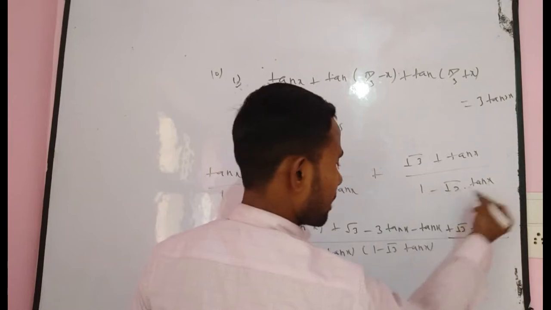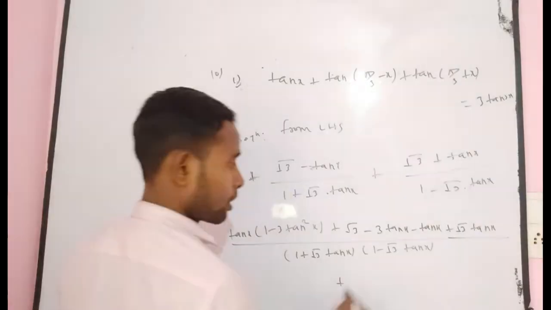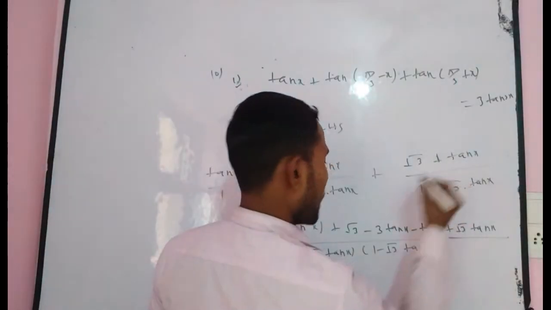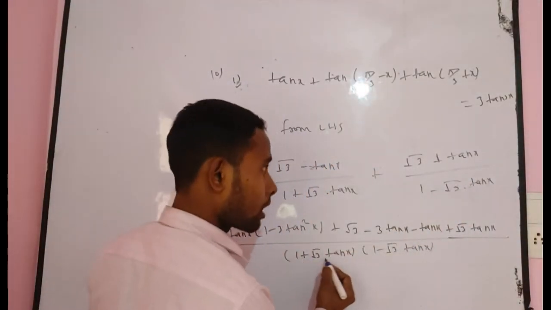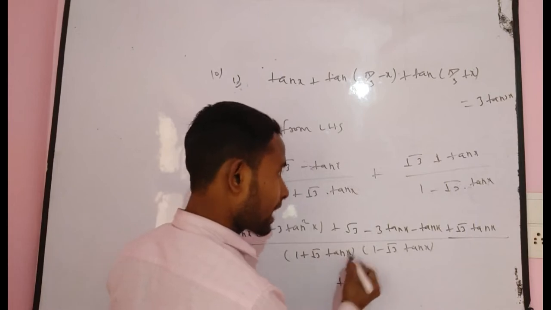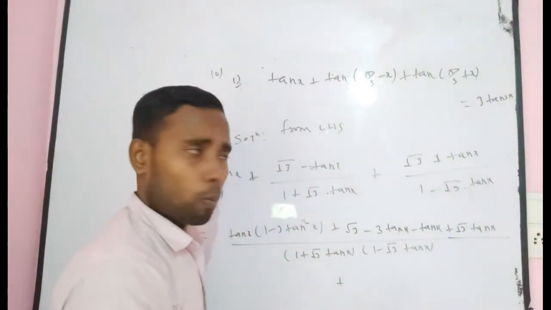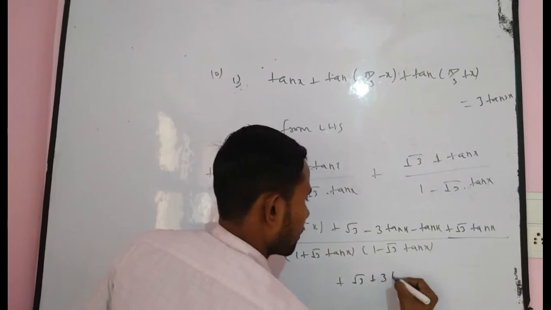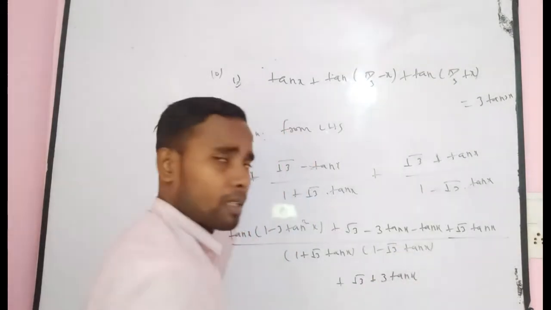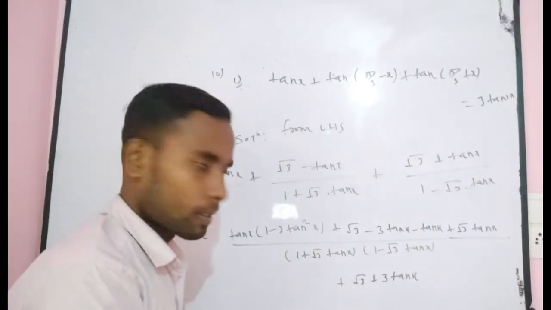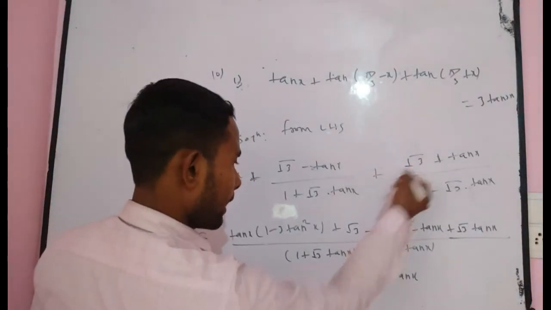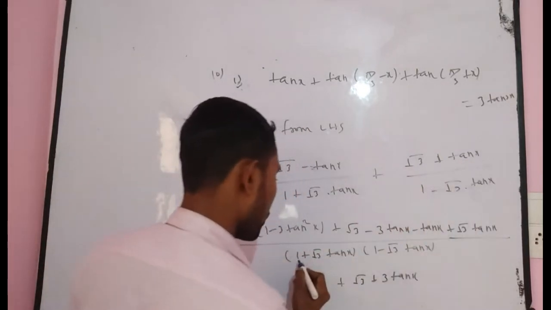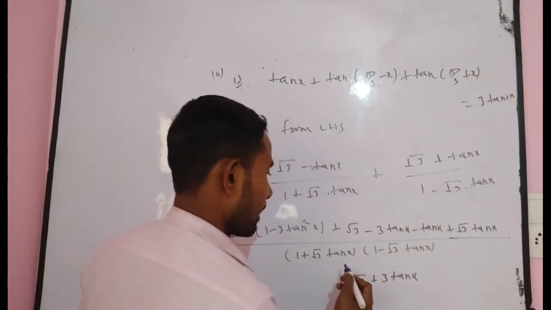Now we have to divide by this term in the LCM, then you get (1 + √3 tan x) into (√3 + tan x). If you multiply (1 + √3 tan x) to (√3 + tan x), what do you get? √3 plus 3 tan x. If you multiply √3 into this term, √3 plus 3 tan x, again multiply tan x, you get tan x plus √3 tan² x.